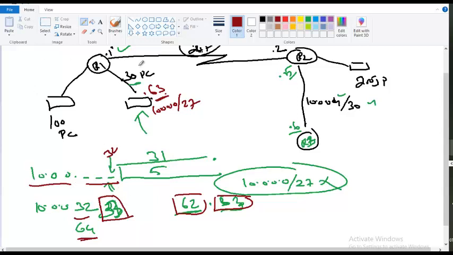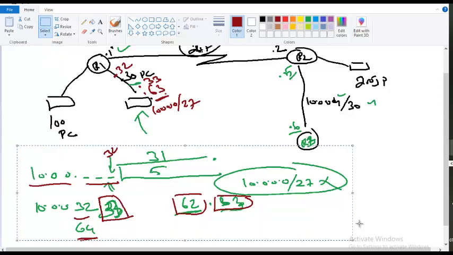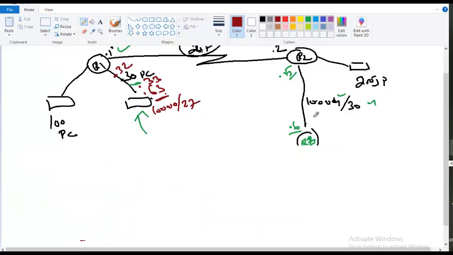So starting from 33 up to 63 we have used, and the network is .32. Now let us move on to the next one. The next biggest is 100 PCs. For 100 PCs we have already done this. 10.0.0.0, we cannot use this because some addresses are already consumed.